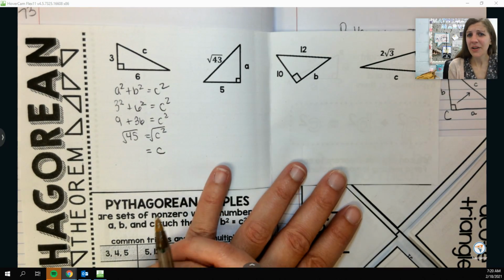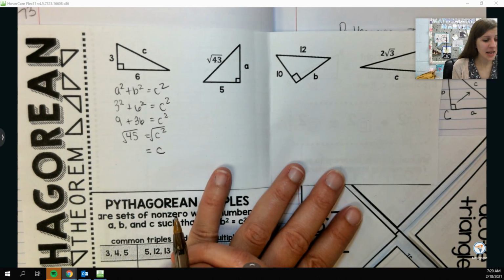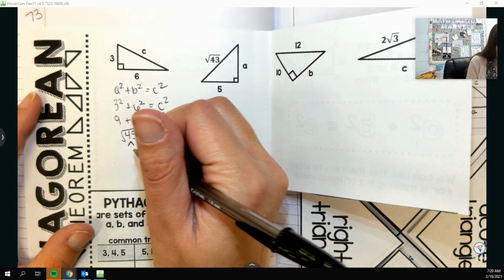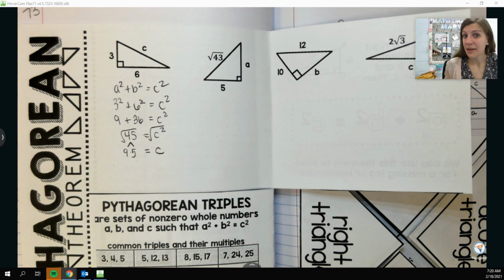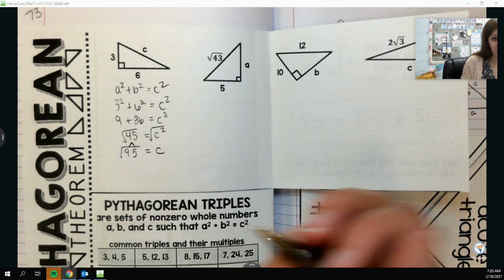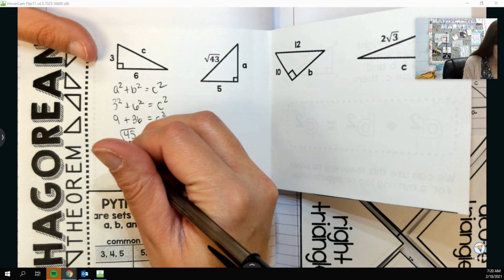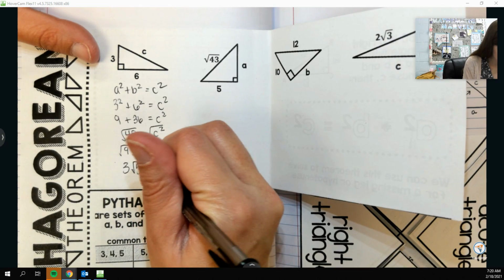And then I don't know the square root of 45, but I can break it up. And I feel like probably the way to break it up is 9 times 5. And that's really good because I know how to square root the 9. And I can't do anything about the 5, but I can square root a little bit. So we'll have the square root of 9, which is 3. Square root of 5, I don't know.